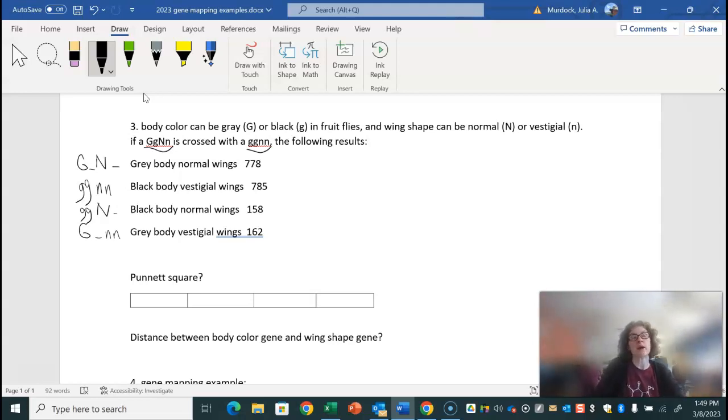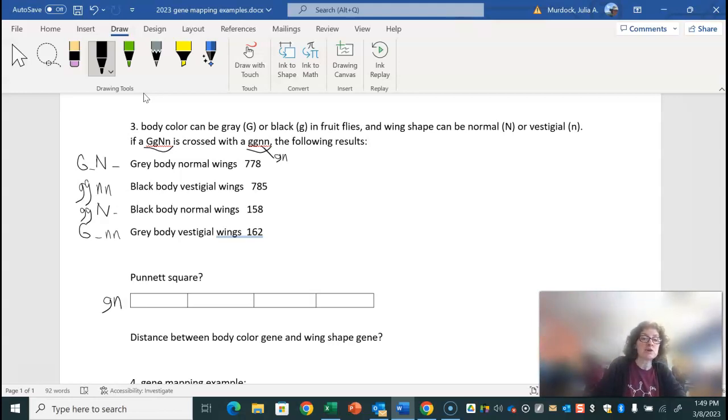And it wouldn't anyway. If you did the Punnett square for this, this individual here would only be able to make gametes with GN. So I'm going to put that parent over here. That's the only gamete that individual can make.